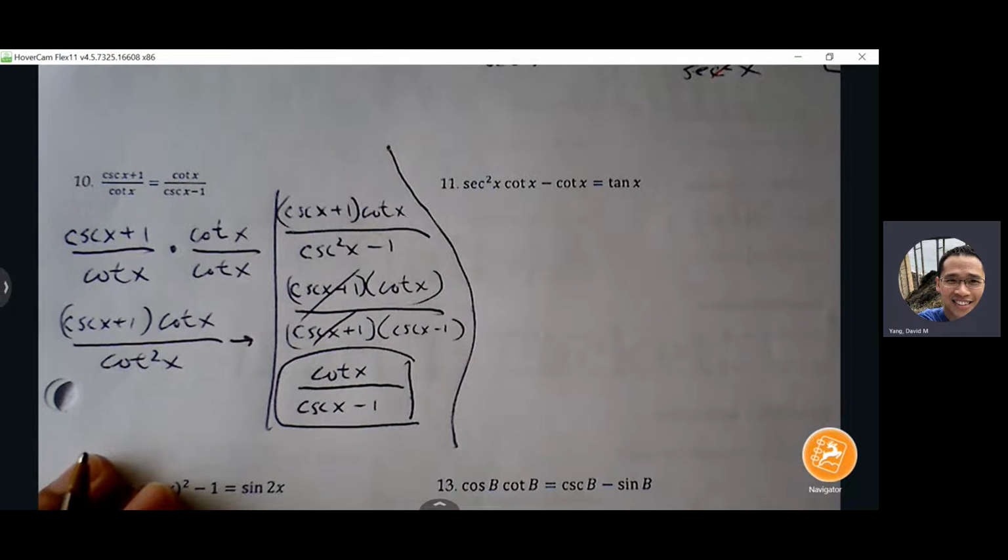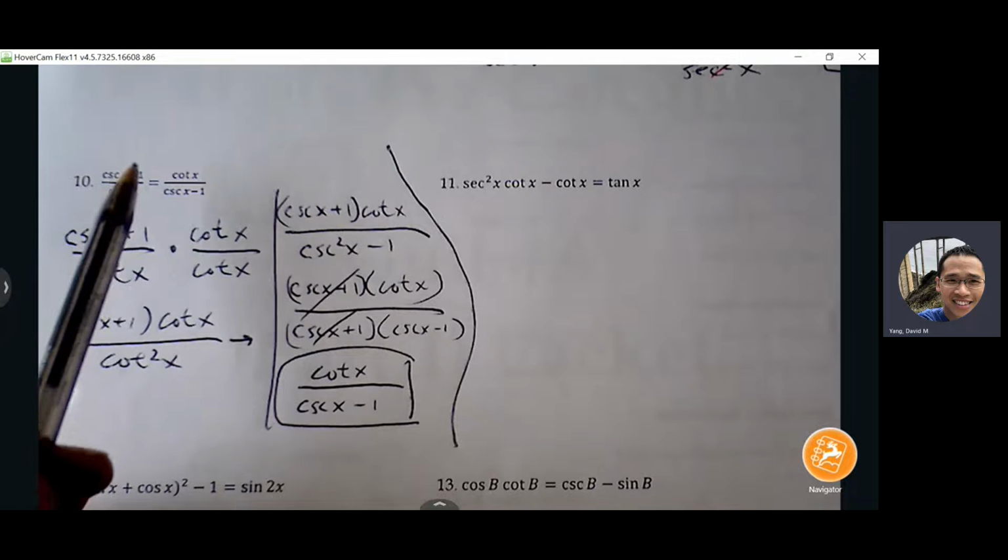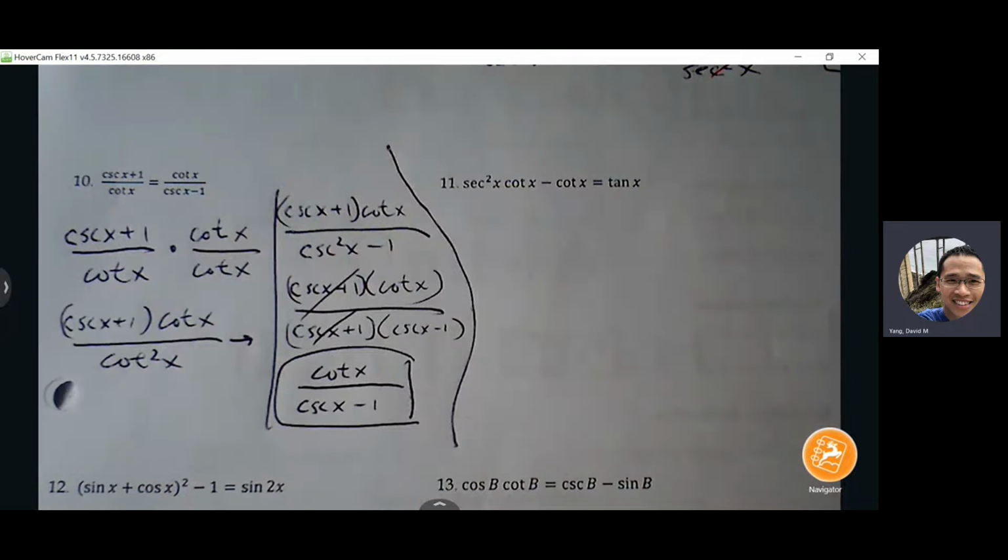You can also multiply by cosecant of x minus 1, and you'll get the same process, very similar. You'll get the identity to show up in the numerator, and then you can go from there.